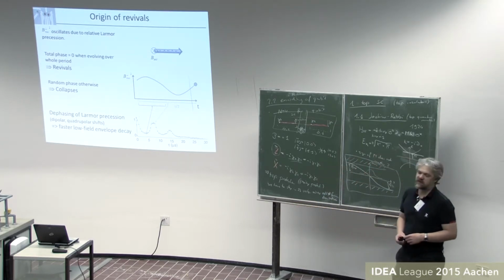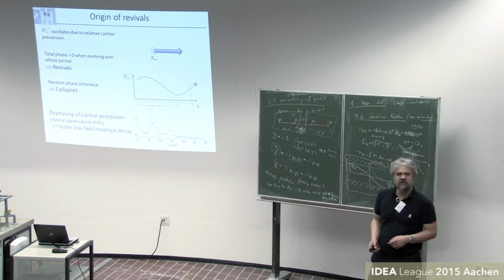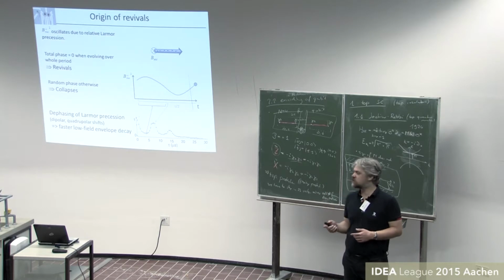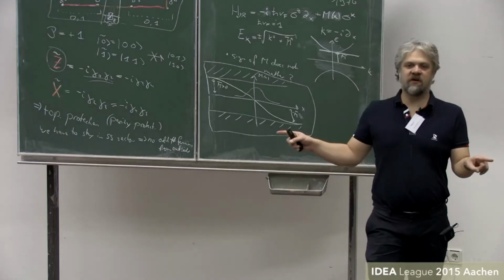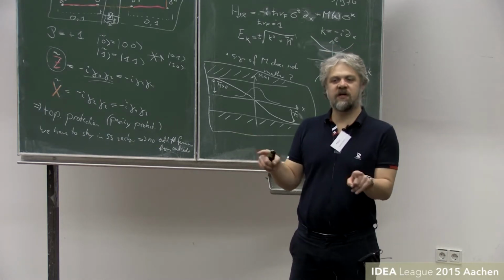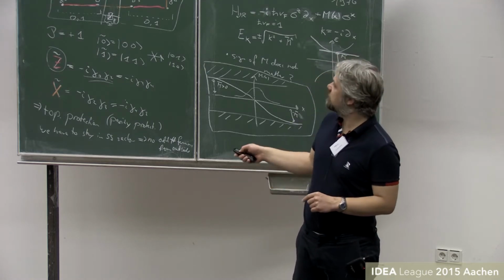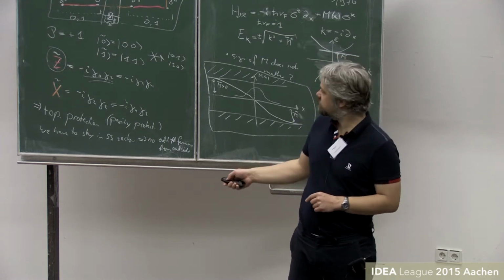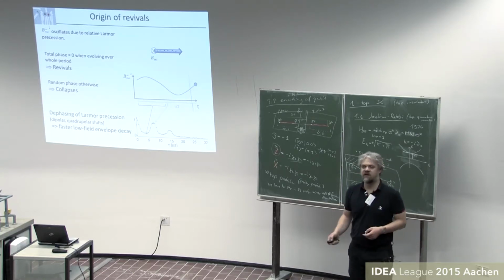Then on top of that, these don't persist forever, so there's still some decay. If it was just precessing at a fixed frequency, you might expect that these go on. It turns out that now the dephasing of the nuclear spins, so the fact that different nuclear spins precess at slightly different frequencies, leads to a decorrelation of these oscillations, and that can be made responsible for this decay over time.